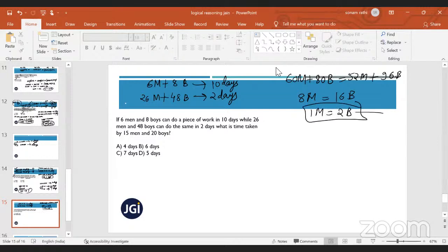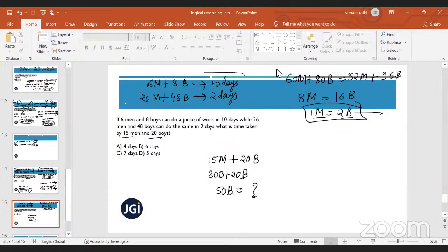Right? This is your equation. This is your men in terms of boys. Now read the question. 15 men, 20 boys. 1 man is 2 boys, so 15 men is 30 boys. So basically you need to find 50 boys data.